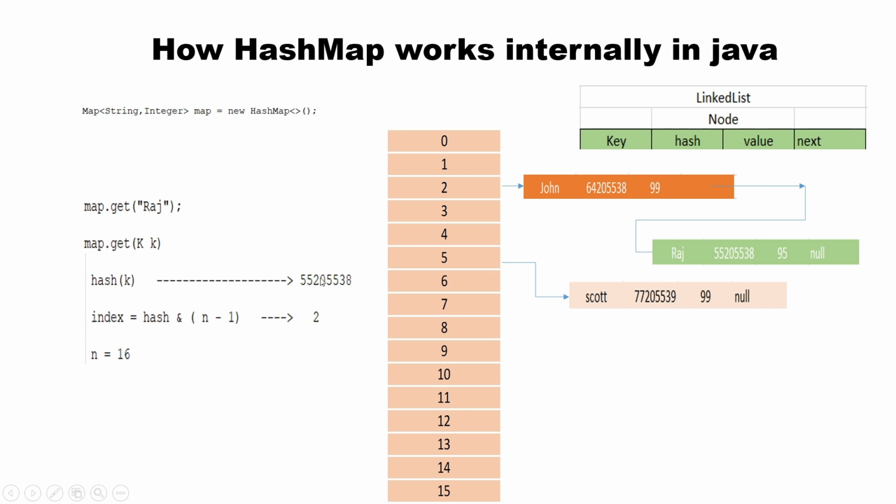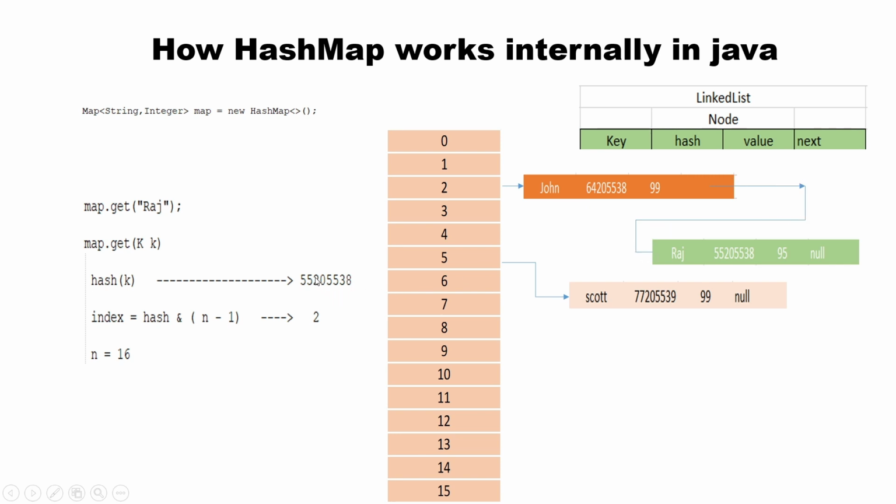How we are going to check is with the equals method on the hash value. This hash value we are going to check against the first entry in the second index. The hash values are not equal, so we will skip this and move forward to the next entry.